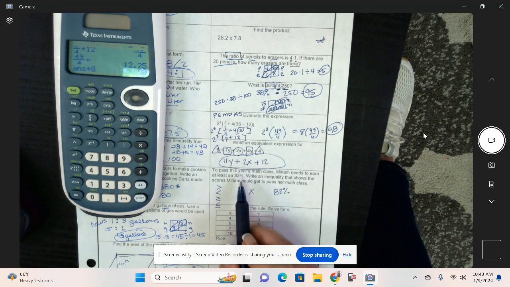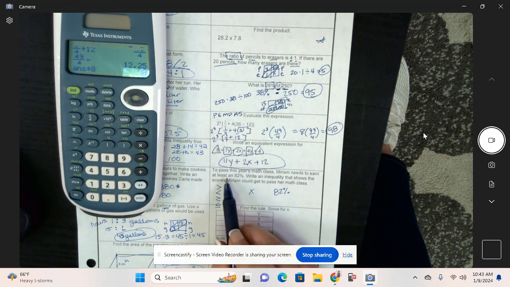So we have to stop and think, she needs at least an 82. So if she makes an 82, does she still pass? The answer is yes. So it's going to be one of these two right here because it's got the equal to bar. So it can be equal to 82 and still work. So now we have to think, can it be greater than 82 and she still passes, or less than 82 and she can still pass?